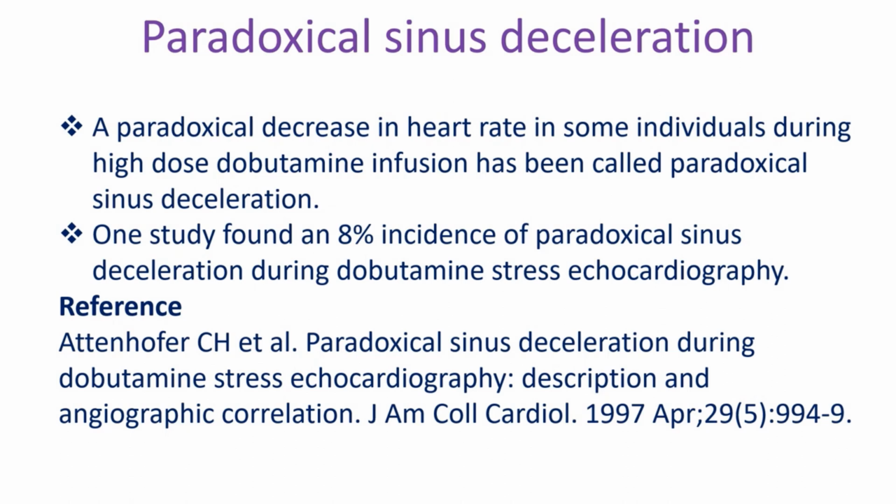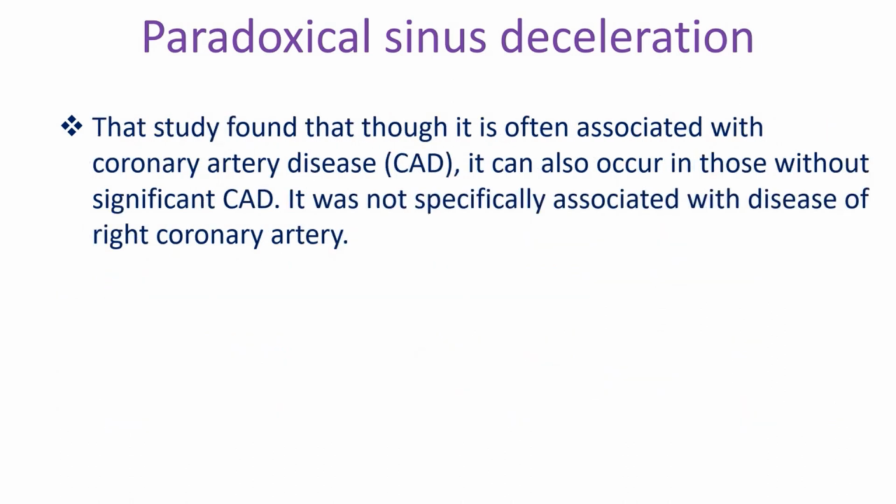One study found an 8% incidence. That study found that though it is often associated with coronary artery disease, it can also occur in those without significant CAD. It was not specifically associated with disease of the right coronary artery.